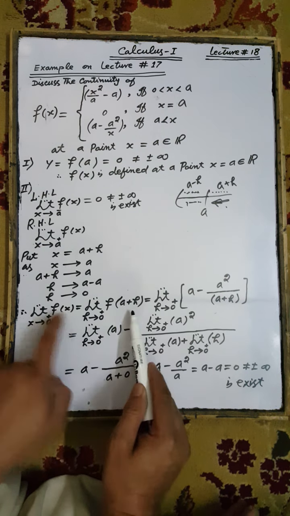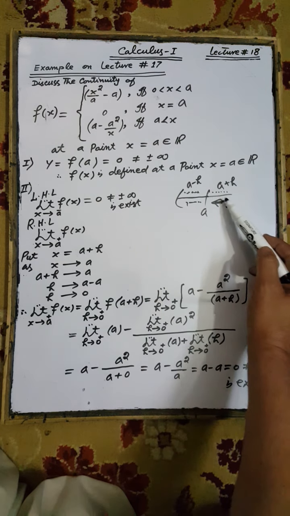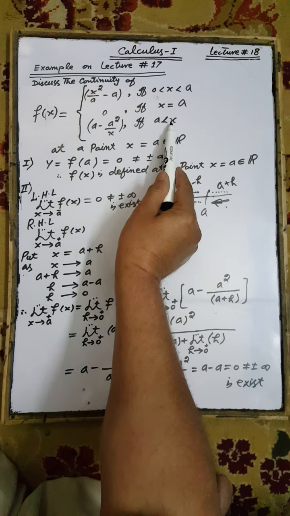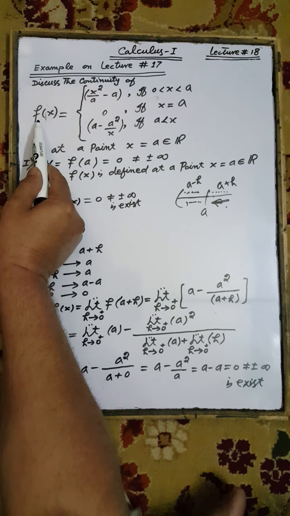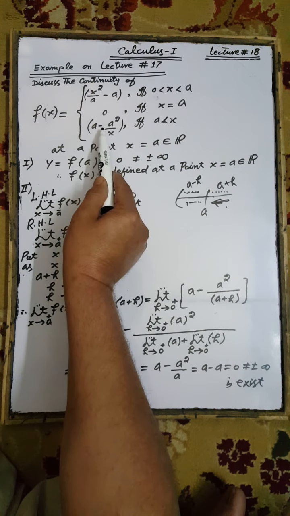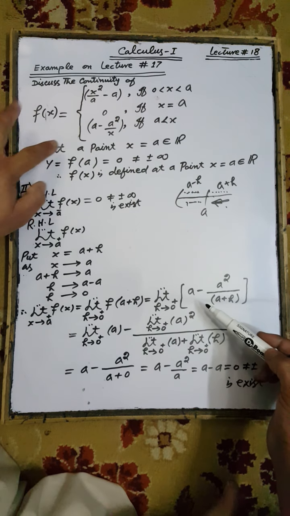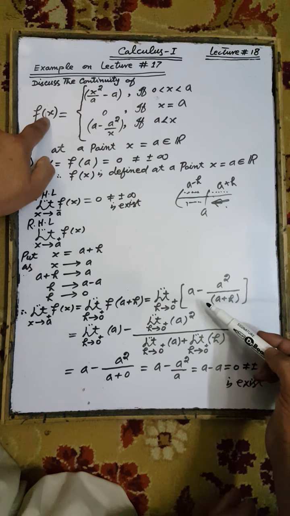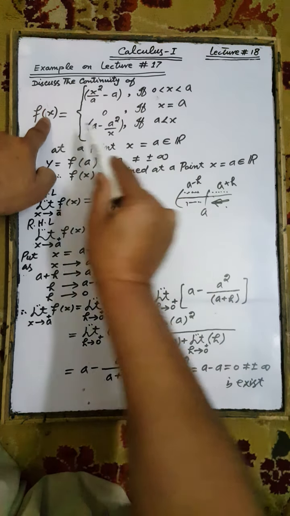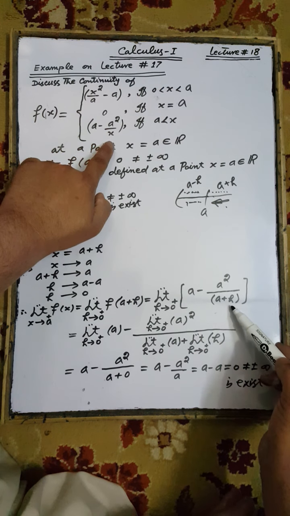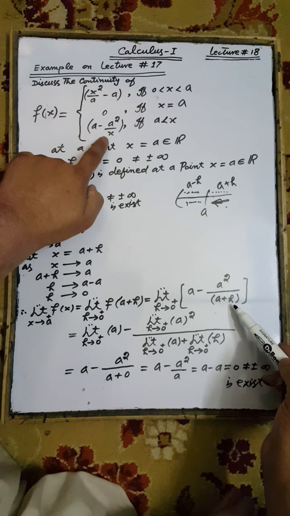Replace x by a plus h, and these points are the points of this neighborhood, and for this neighborhood the function f of x is equal to a minus a square divided by x. Therefore, we calculate the value of f of a plus h from a minus a square divided by a plus h.